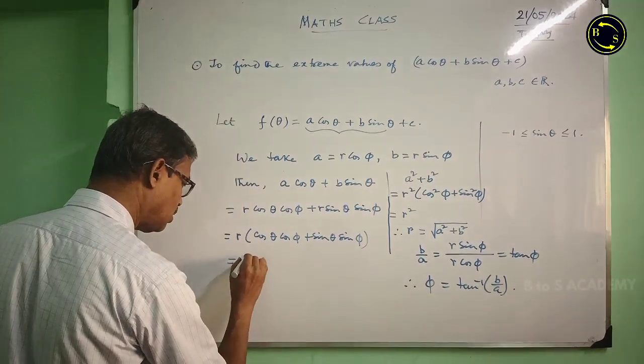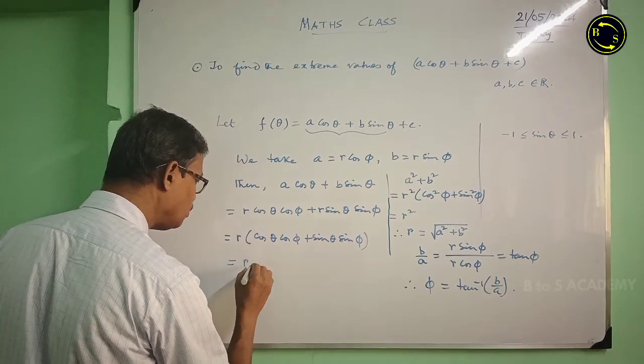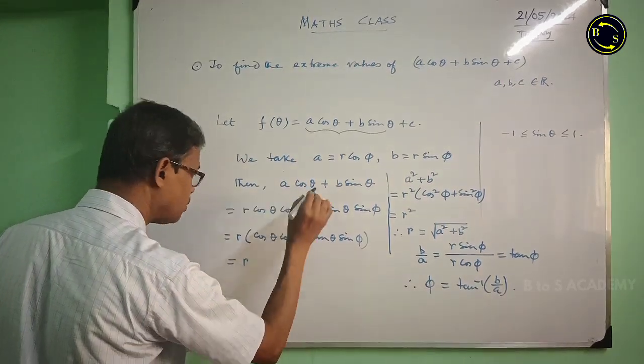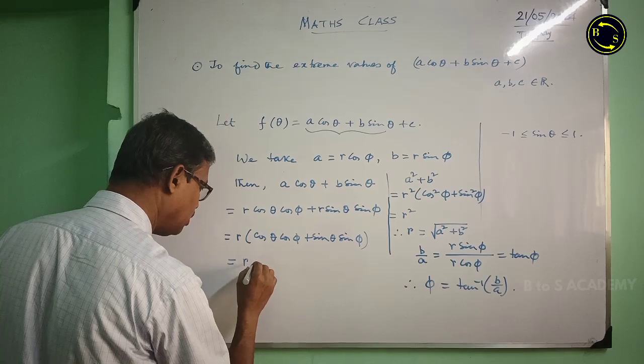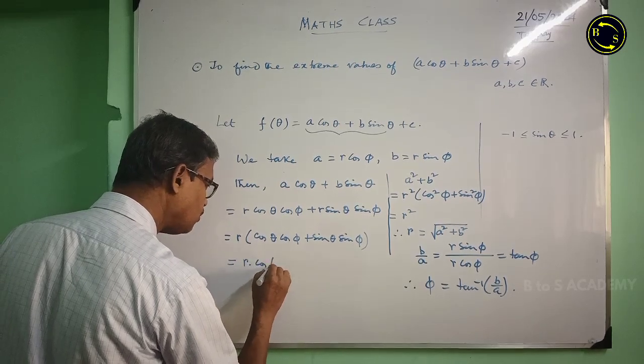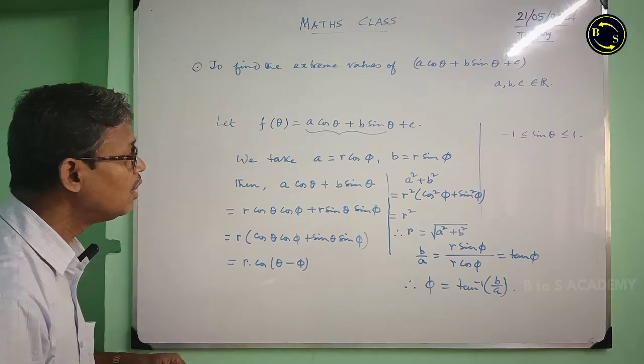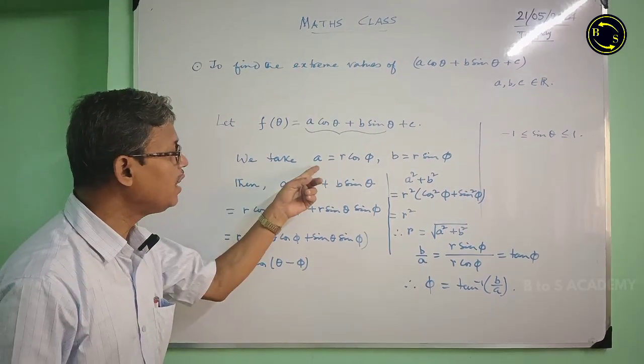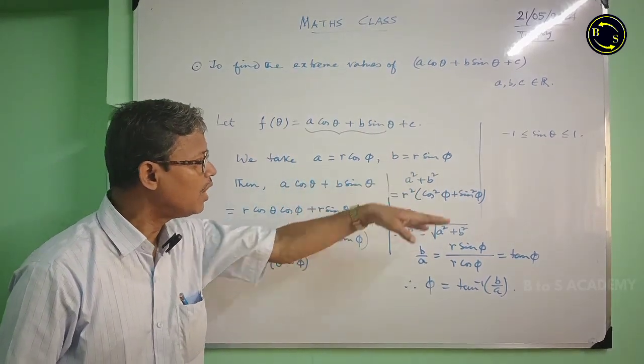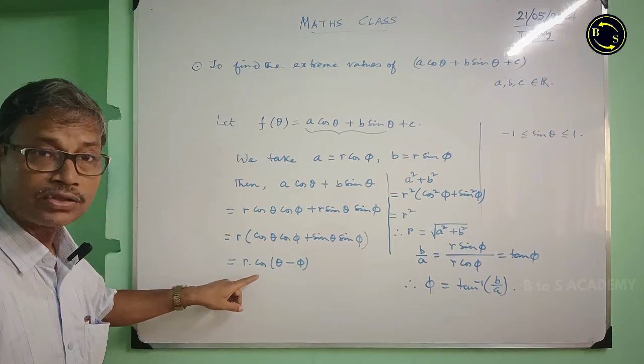That means this expression will be equal to r into cos of theta minus phi. Now by taking a equal to r sin phi, b equal to r cos phi, we will get the sine form.